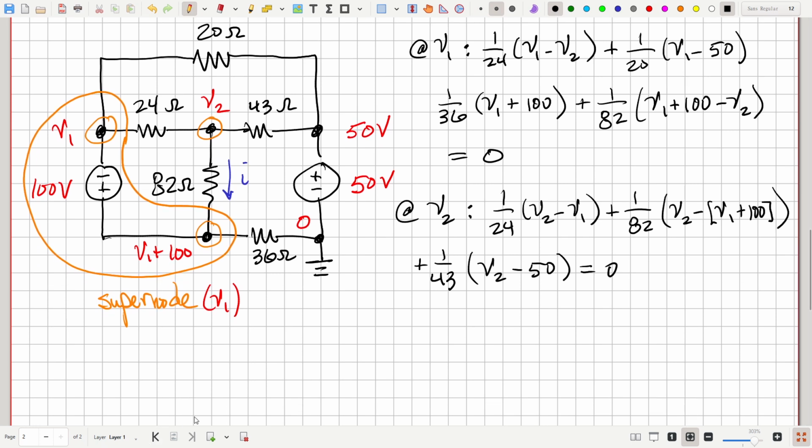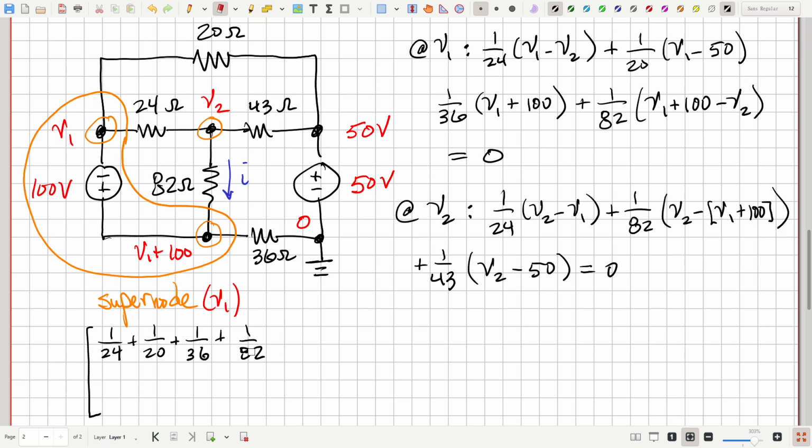Okay, so rearrange those into a matrix format. Let's see, first equation, all the V1 terms: 1 over 24, 1 over 20, plus 1 over 36, plus 1 over 82. Notice that is the sum of all the conductances connected to the supernode, the inverses of 24, 20, 36, and 82.